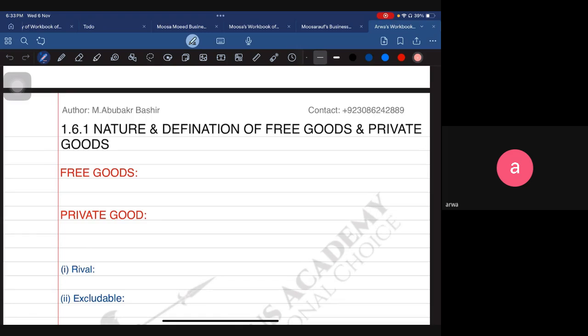So 1.6.1, where we are discussing the free good. As you said, these are basically the goods that do not require resources to produce.